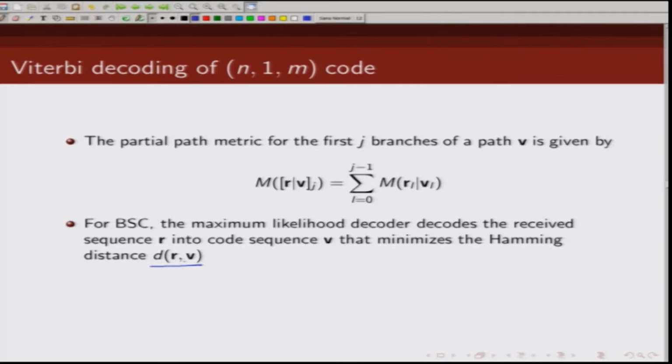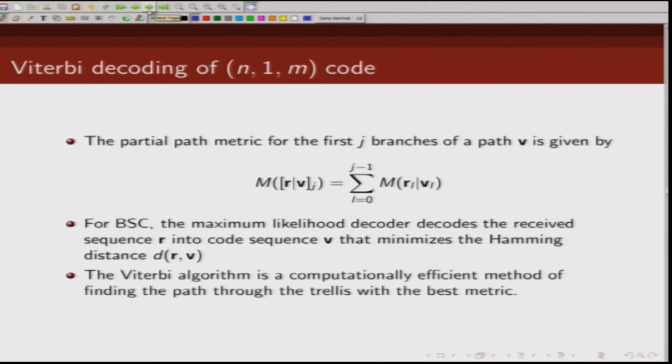This we have seen in the initial lecture on introduction to convolutional codes: the maximum likelihood decoder for a binary symmetric channel will try to minimize the Hamming distance between the received code sequence and the transmitted code sequence.